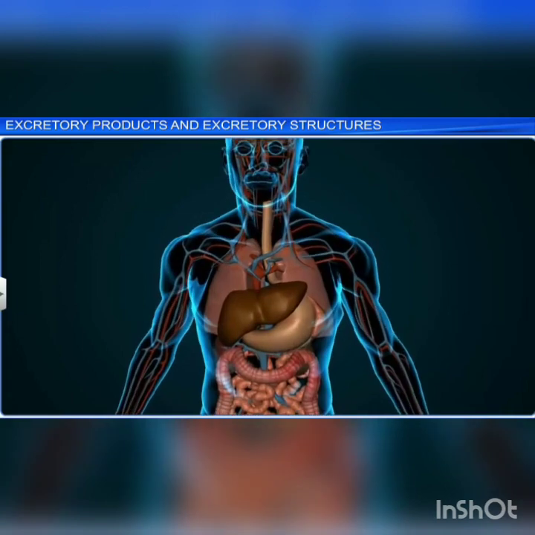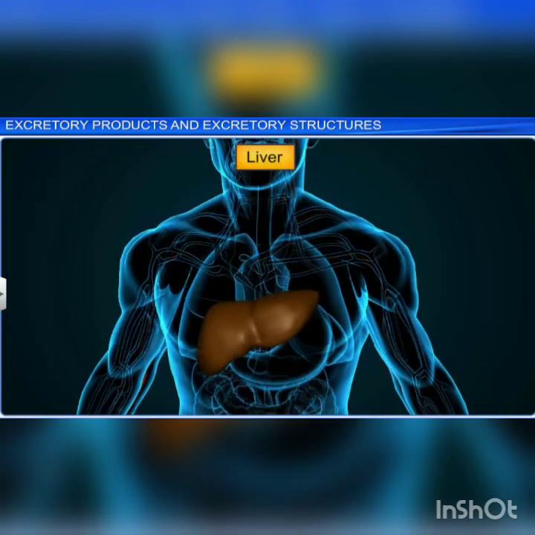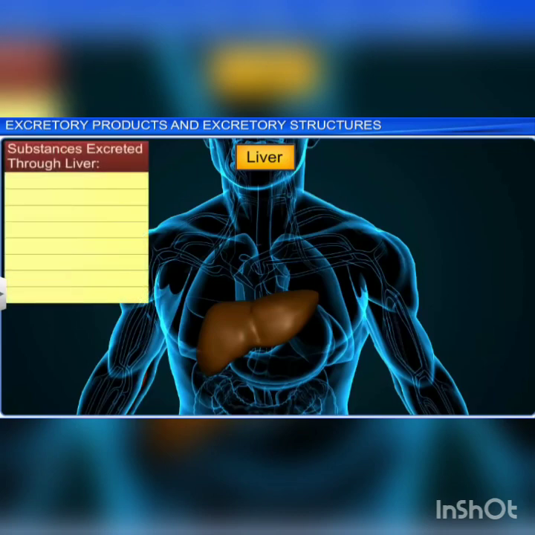Another organ that plays an important role in excretion is the liver, the largest gland in our body. It breaks down drugs and reduces their toxicity by drug metabolism. It also detoxifies ammonia and converts it into urea, which is eliminated by the kidneys.